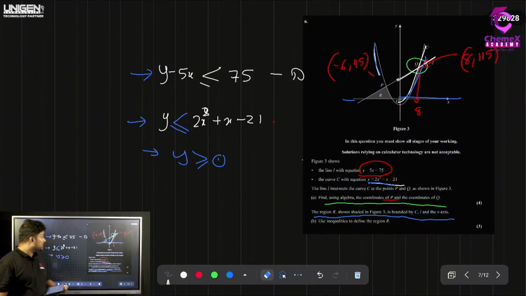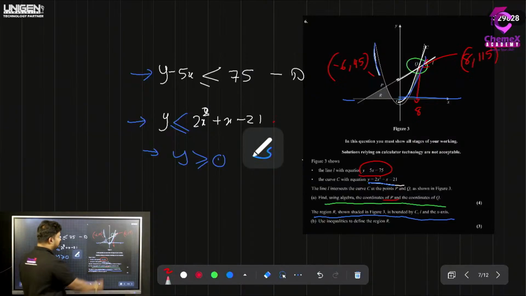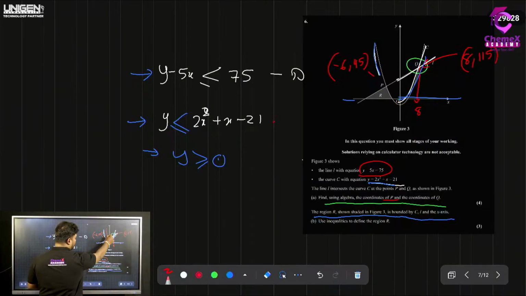So the question is asking, use the inequalities to define the region R. So it's going to be x larger than or equals 0, y larger than or equals 0, and there's one more. What is that? What is this place?